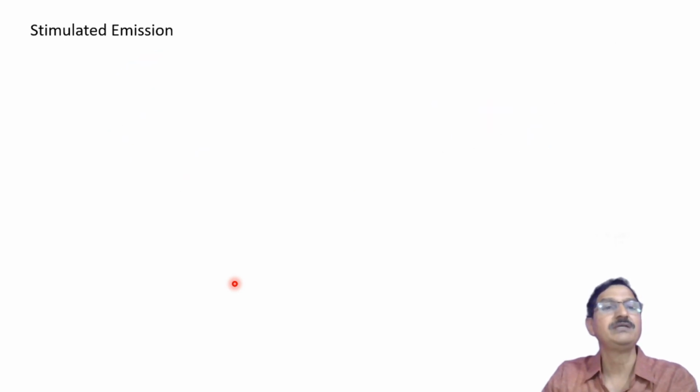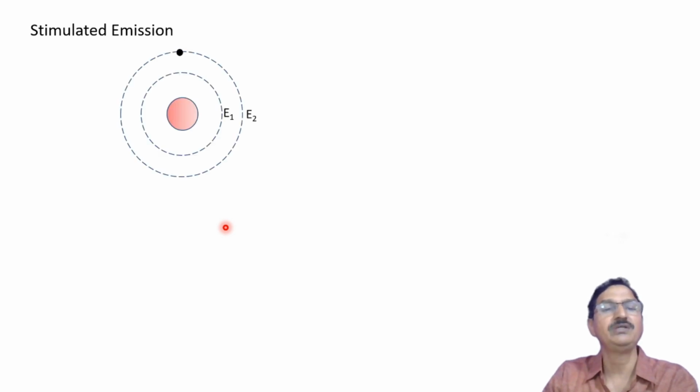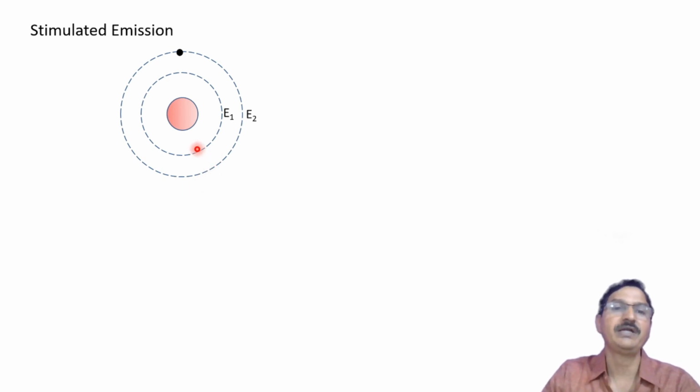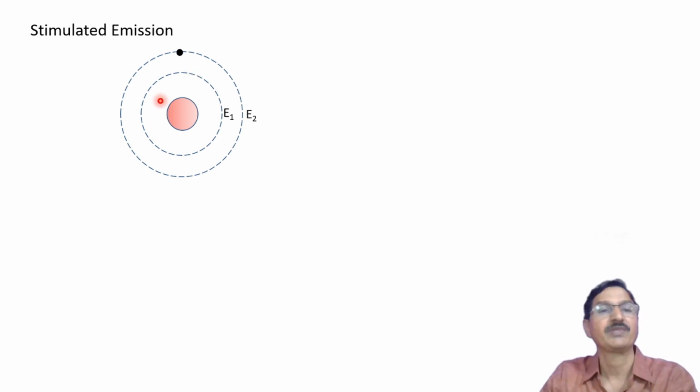Then we see the third phenomenon, called stimulated emission. In the case of stimulated emission, again the atom is in the excited state. That is, the electron is at higher energy level E2 and therefore it is in the excited state.